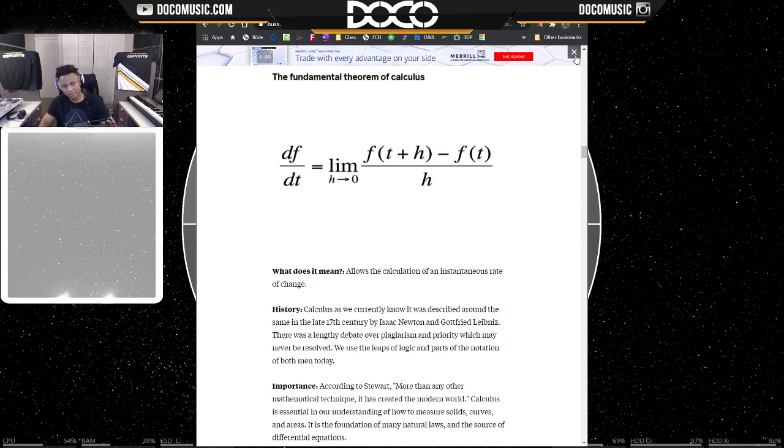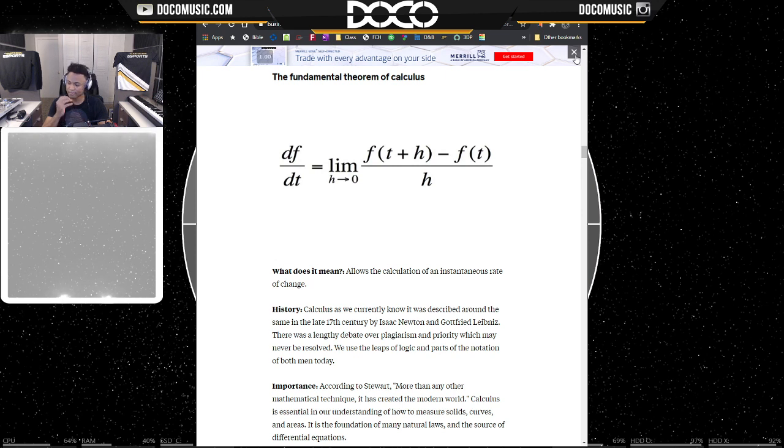It equals the number the function approaches, as f of time plus h, which is an infinitesimally small number, or basically zero, minus the function regularly, divided by that tiny amount of change.